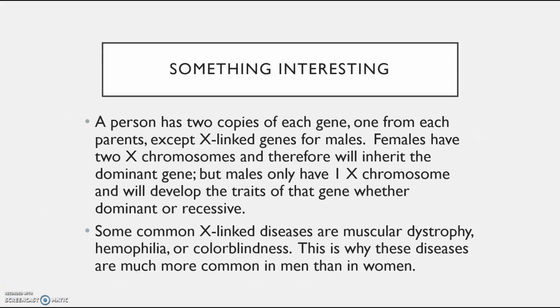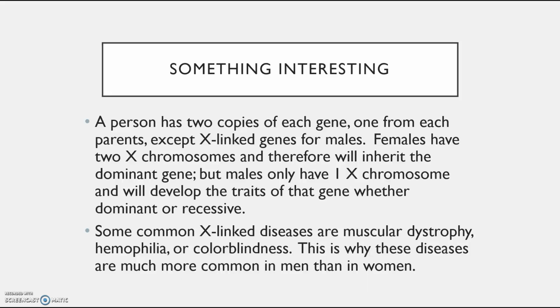Something really interesting about the genetics of sex determination is that in all of our cells except our sex cells, we have 46 chromosomes. That means 2 copies of each gene, one from our mom and one from our dad. Therefore, the patterns of recessive and dominant traits can take part, and we will most likely have the dominant trait of all the genes that we have, or most likely.